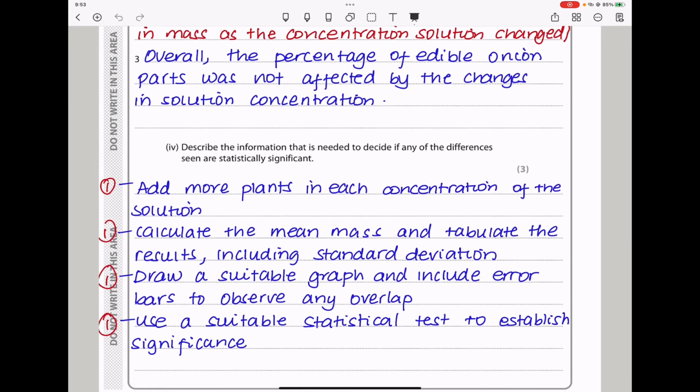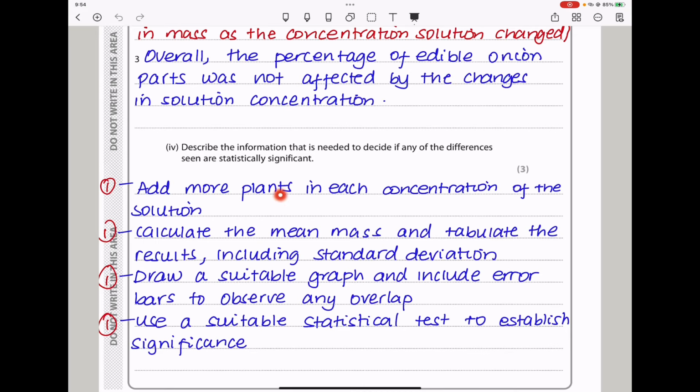And down here they say, describe the information that is needed to decide if any of the differences seen are statistically significant. If you want to determine if they are statistically significant, then we have to use more plants. So repeat the experiment using more plants, calculate the mean mass, and then record your data, put error bars and see, and maybe use a specific statistical test and see if you can establish significance.